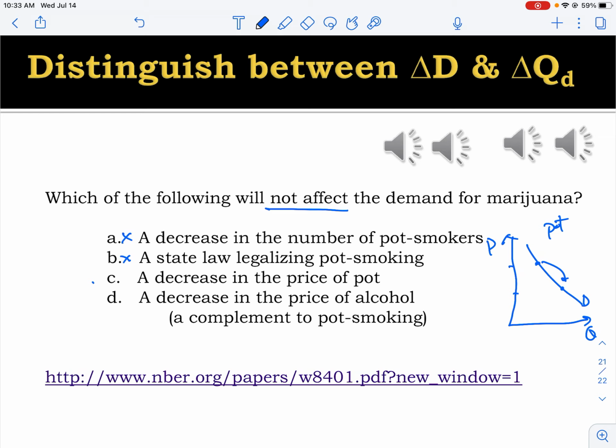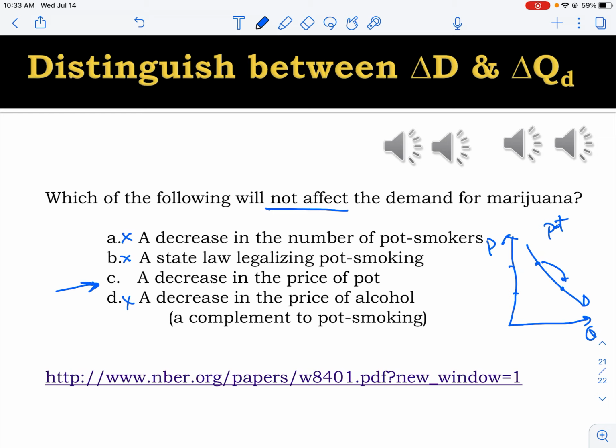So therefore, if these are complementary goods, you expect the demand for pot to increase. So that's not the right answer. I'm going to stick with C, final answer, a decrease in the price of pot. And of course, that illustrates what we just talked about. A change in the current price of the good we're talking about will not shift the demand curve. That's a movement along the demand curve.